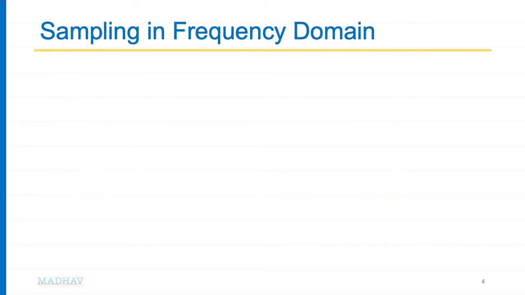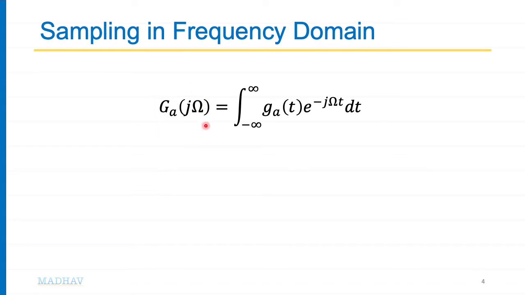Now, what does that mean in the frequency domain? How does my frequency spectrum change when I sample? So let's say g_a(t) is my time domain signal. Let's assume that it has a Fourier transform, a continuous time Fourier transform, G_a(j Omega). This is capital Omega, which is for continuous time frequency. So G_a(j Omega) is the continuous time Fourier transform of my analog signal g_a(t).